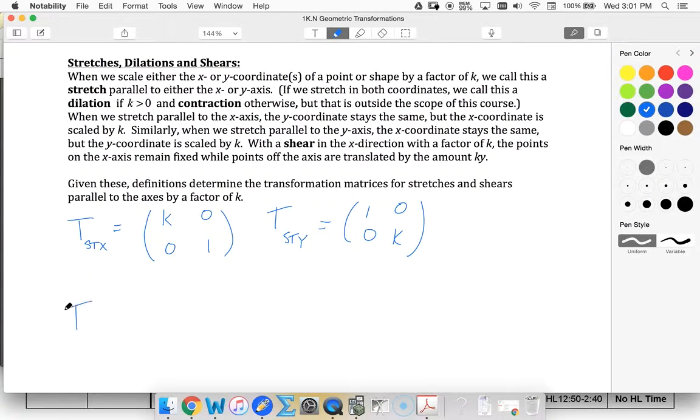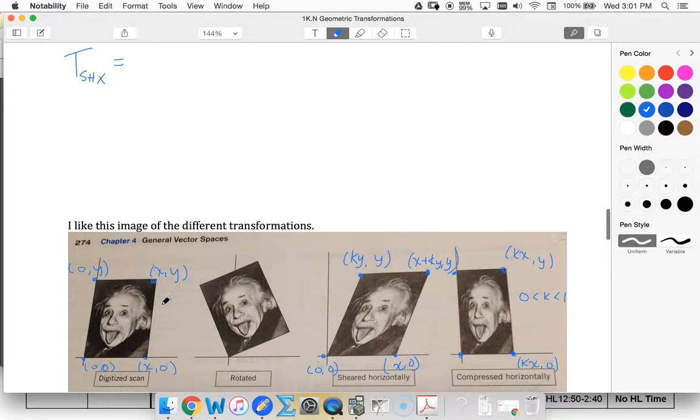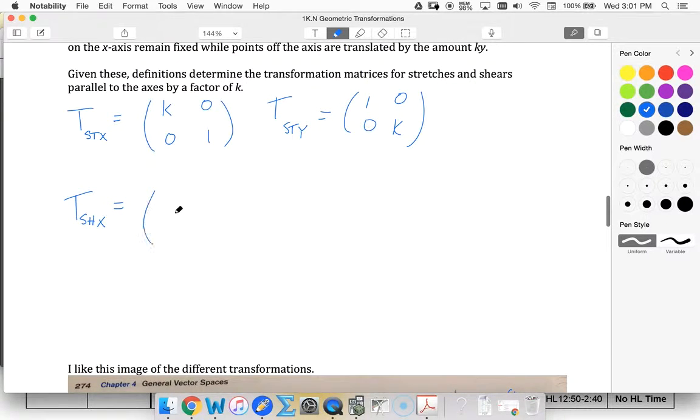If we shear, so I'll call that shear parallel to the x-axis, in this case, we're taking our x values and increasing them by ky. So x plus ky, and the y value remains the same.